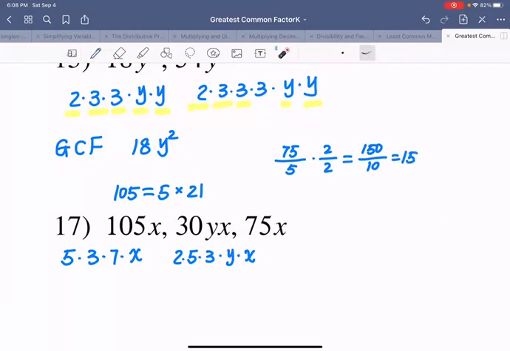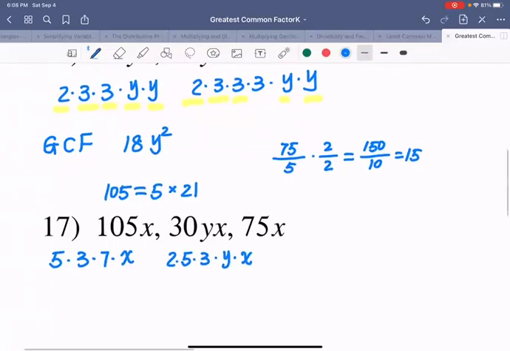Every time I divide by a 5, I just times by 2 and get rid of the 0. I can figure it out with mental math. So 15 is 3 times 5, so it's 3 times 5 times 5 times x.